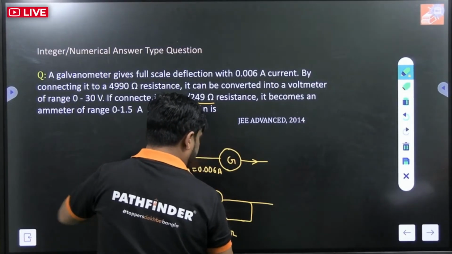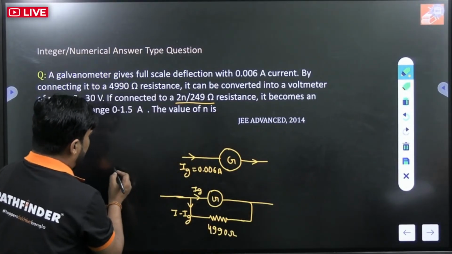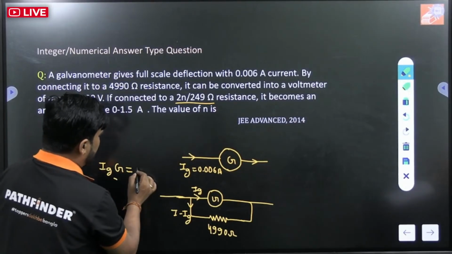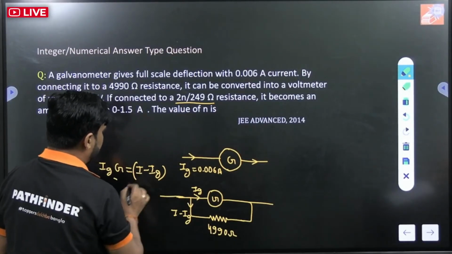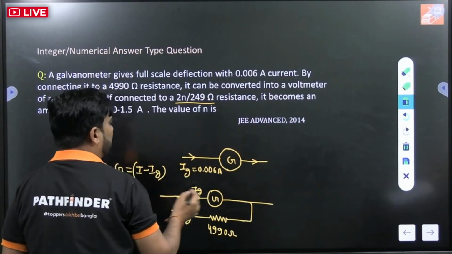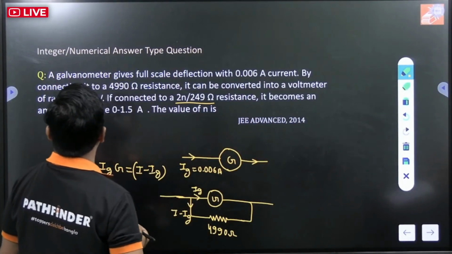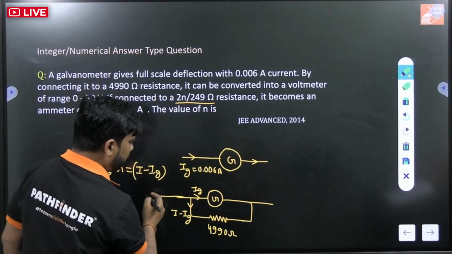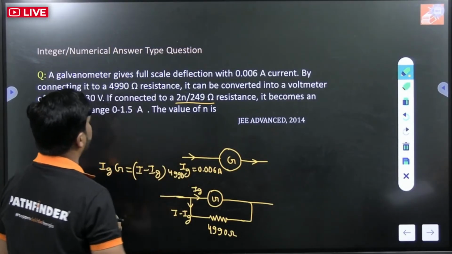And let us assume the resistance of the galvanometer is G. Again, can we write Ig into capital G as I minus Ig into 4990, right? Correct.